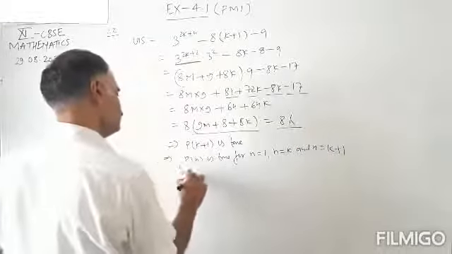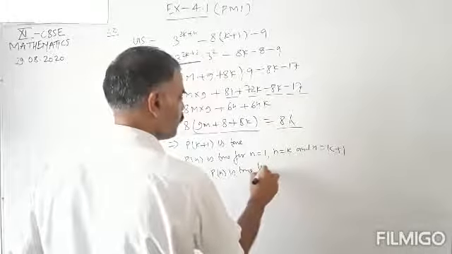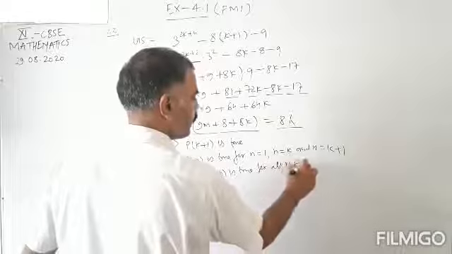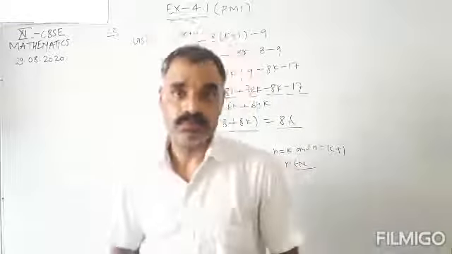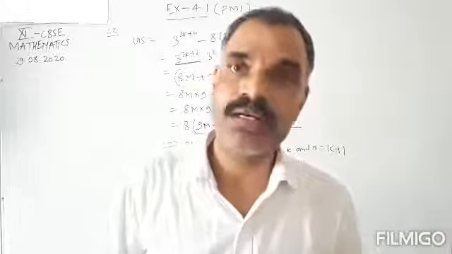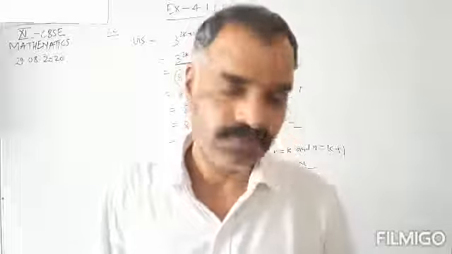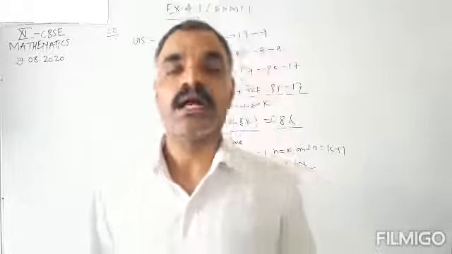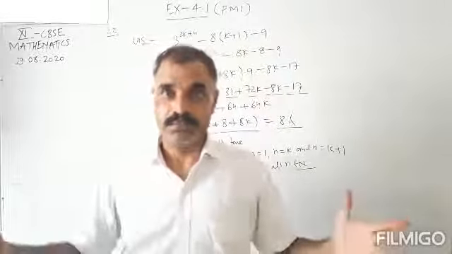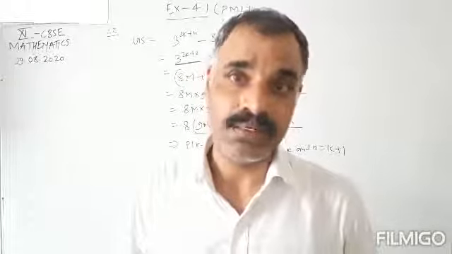Hence Pn is true for all natural numbers n. So this was question number 22 of exercise 4.1, the last question of the exercise. So we have completed the principle of mathematical induction today.